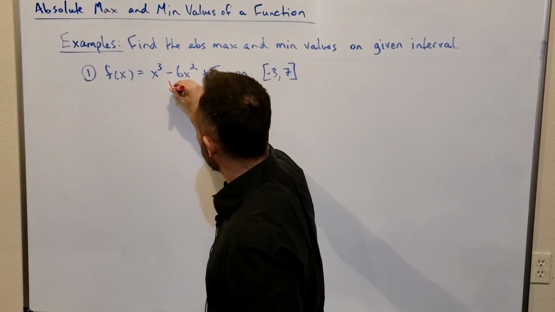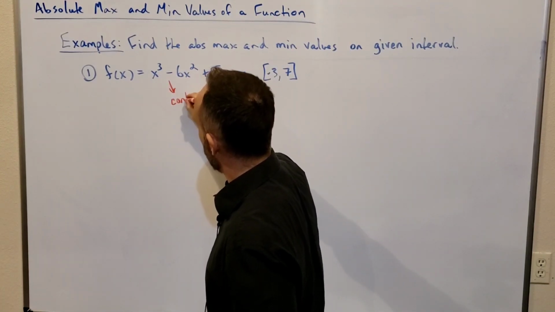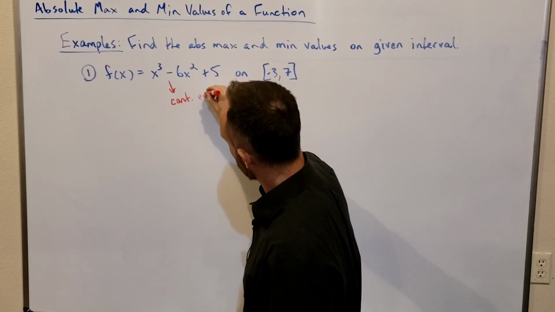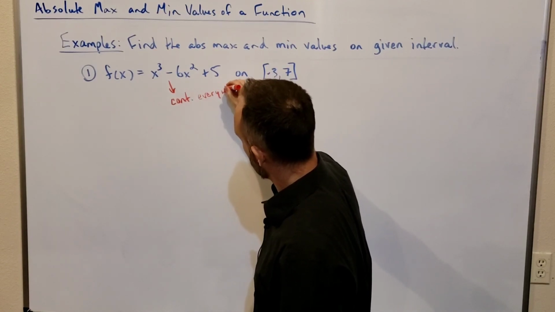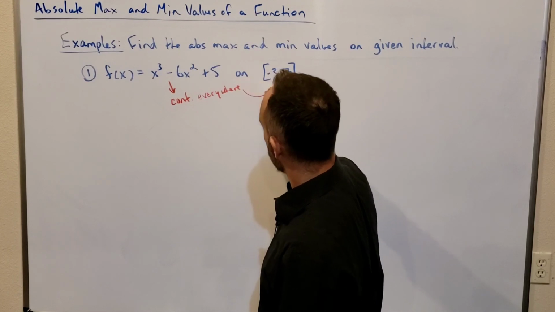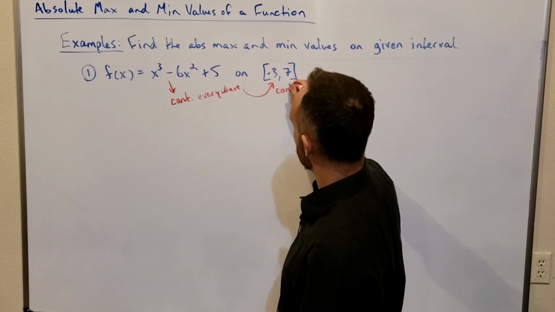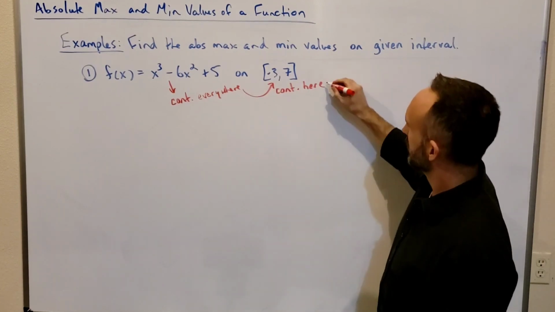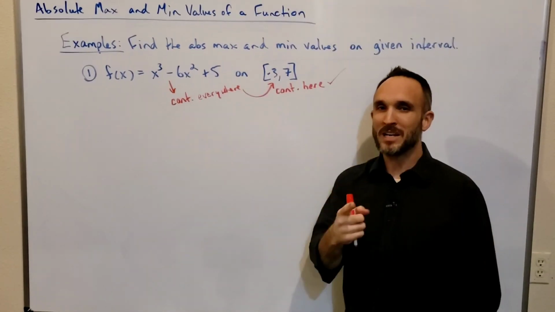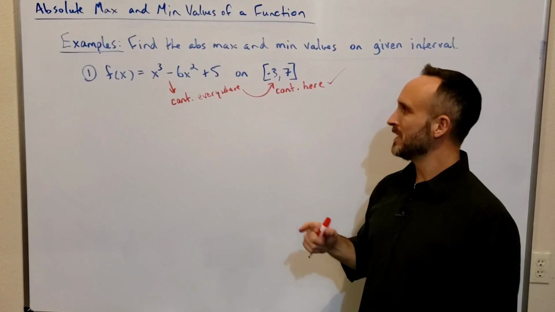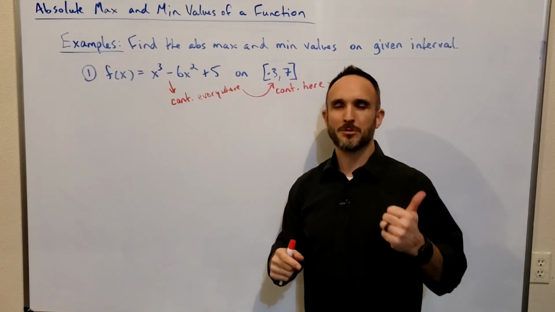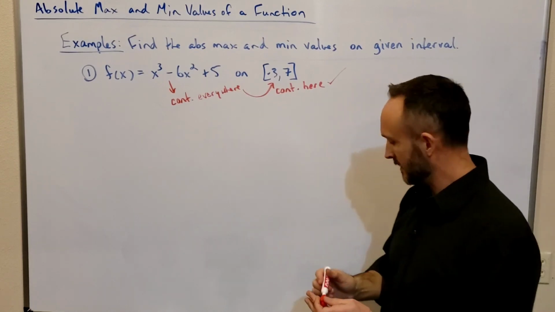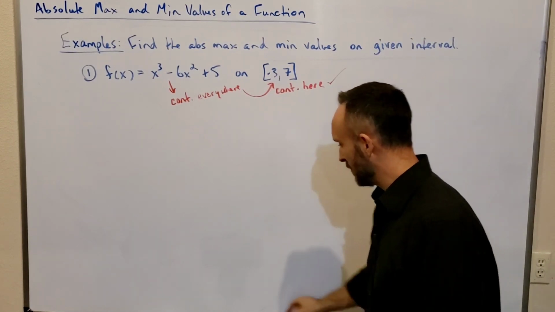This guy is continuous on its domain, which is all real numbers. It's continuous everywhere. So it's certainly continuous on this smaller closed interval. So that's good. That means by the extreme value theorem, this function definitely has an absolute max and an absolute min on this interval. So let's find the absolute max and min values.